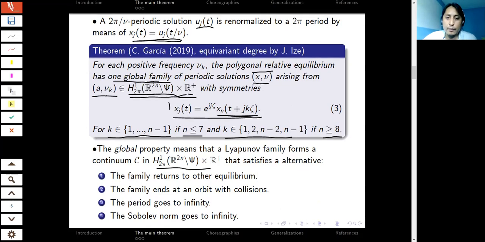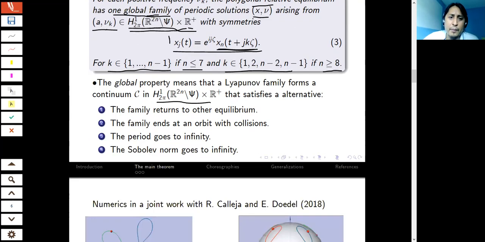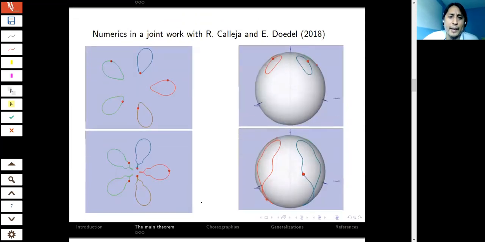So before giving an idea of this theorem, I want to show you some numerics, which I did in another work. This is joint work with Renato Calleja and Eusebio Doedel. It was done in a program which was developed by Doedel, which is called AUTO.